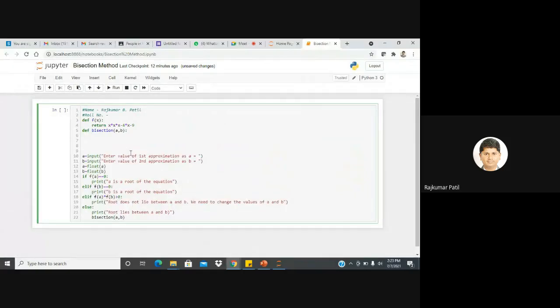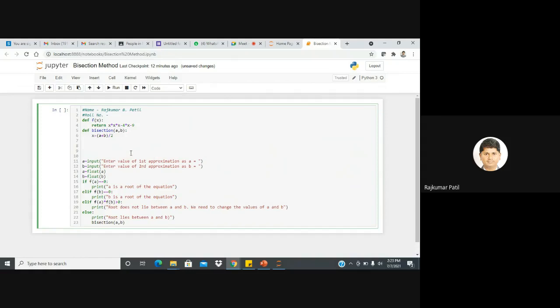First of all, we will write the formula for the bisection method. That is, the next first iteration is x equal to a plus b divided by 2. We have the values of a and b here, and we know that the root lies between a and b. So the first iteration is calculated.